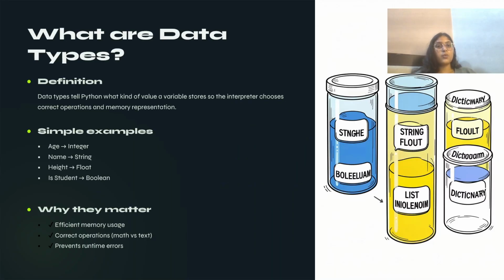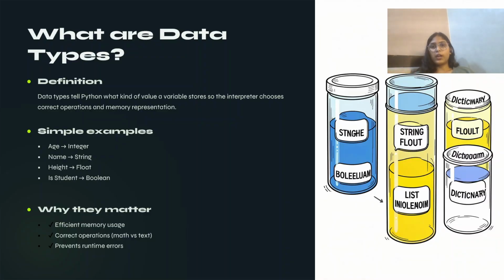Okay. Now we are talking about what data types are. Data types tell us what kind of variables are stored so that the correct operation can be performed. Okay. Why are they important? Because we can use memory very efficiently. Correct operations would be used. Why am I saying this? There is a term I already told you, concatenation.